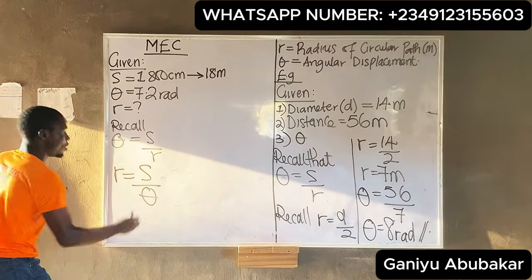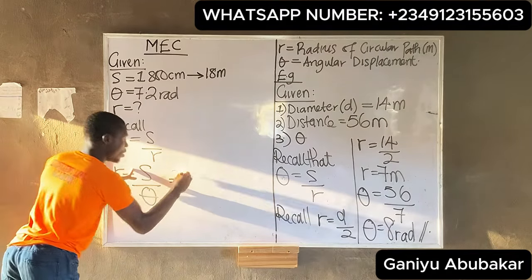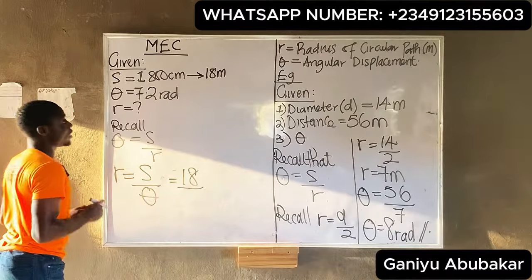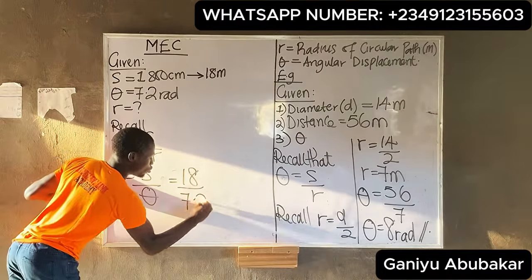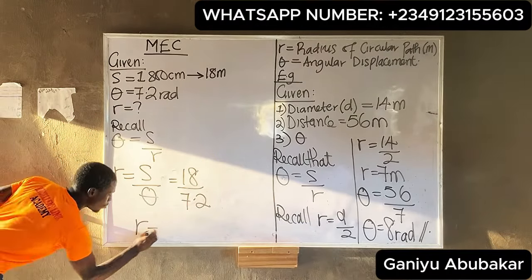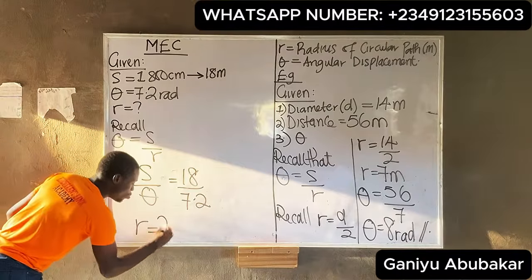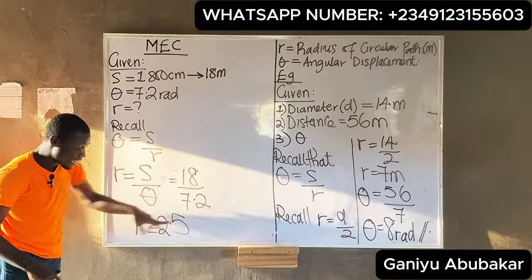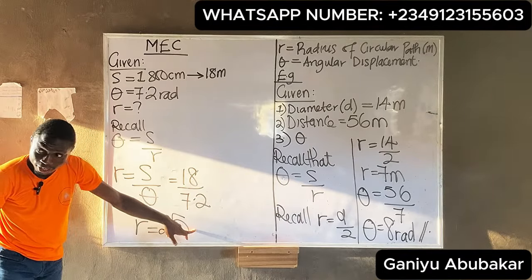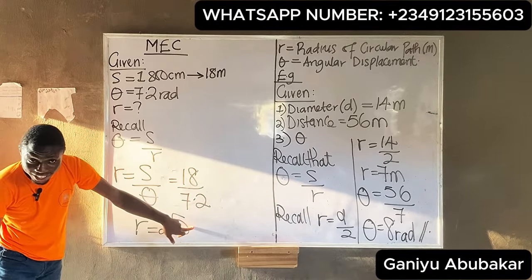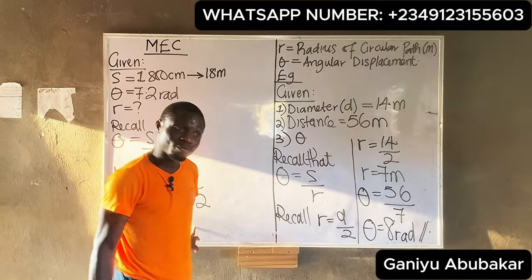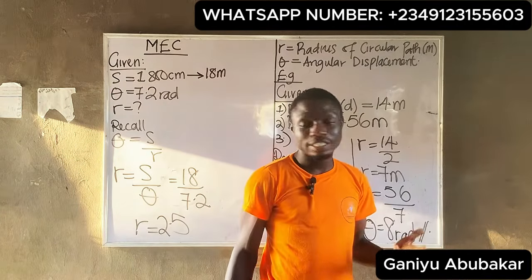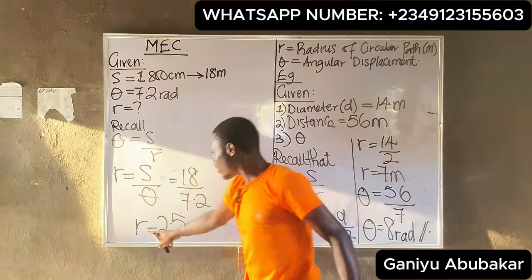So let's work it out. What's S? 18 over, what's theta? 7.2. What's R? 2.5. Is the radius in rad? No. Radius is not in rad. R does not stand for rad.